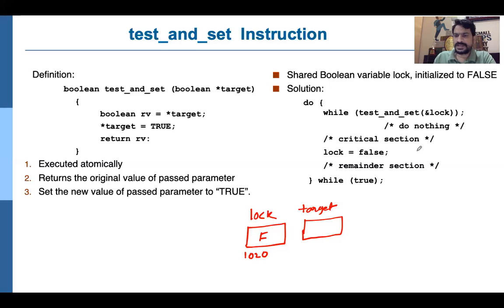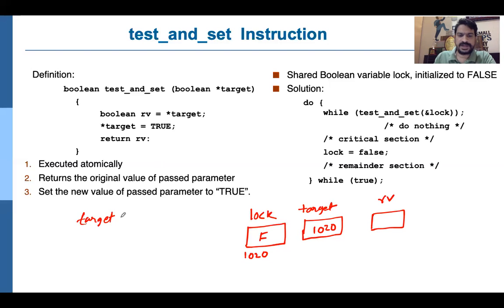So it will hold the address, because the address that we are passing here is 1020. So the value in this target is 1020. So I think you understood this, that we have assigned here. Now we have another variable called RV. It is a Boolean variable. And in RV, what we do is we give the asterisk of target. Meaning whatever the value, what is target actually?